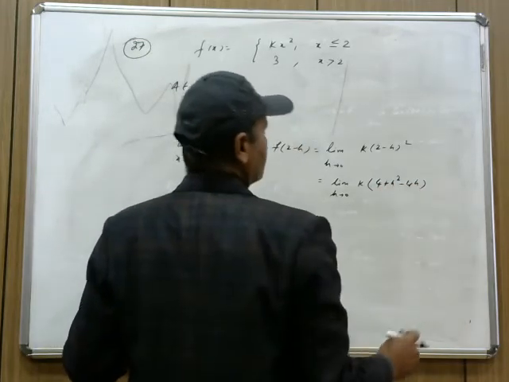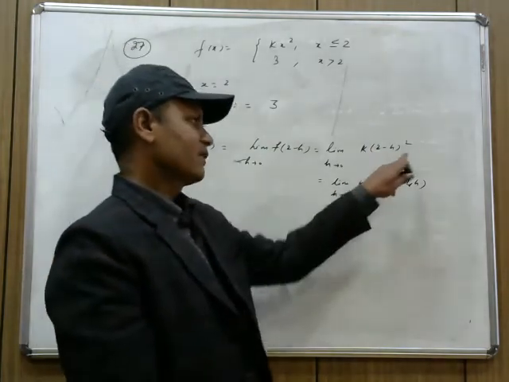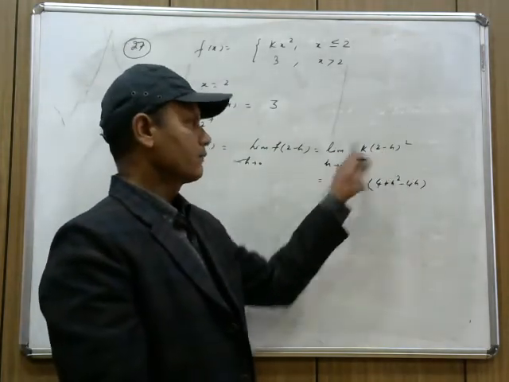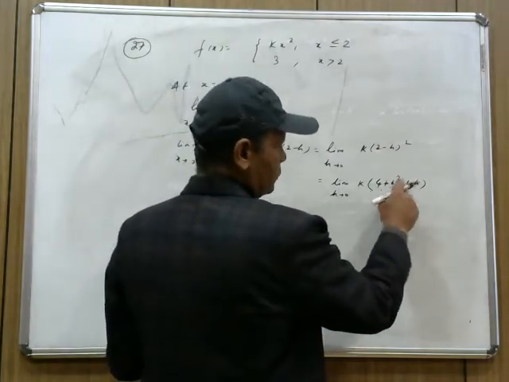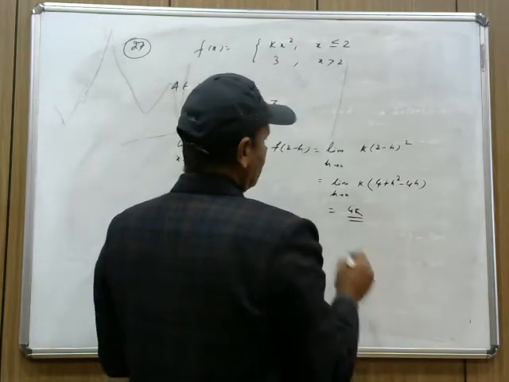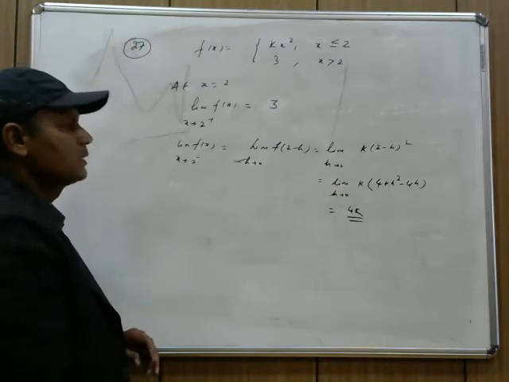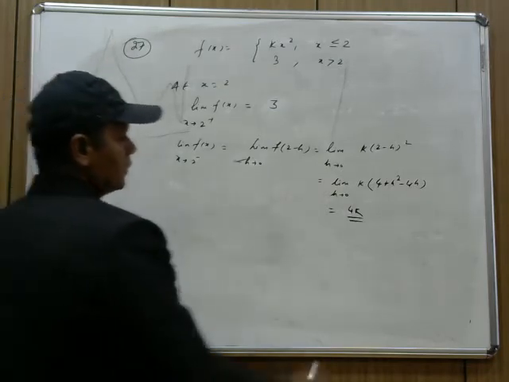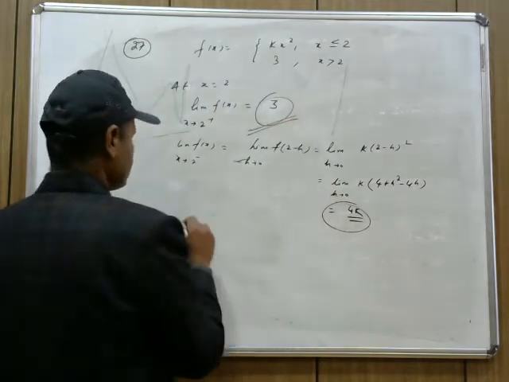If I don't write the whole square, then also simply I will have 2 square 4, because h tends to 0, I will get 4k. Now since the given function is continuous at x is equal to 2, therefore the value of 4k and the value of 3 should be same.